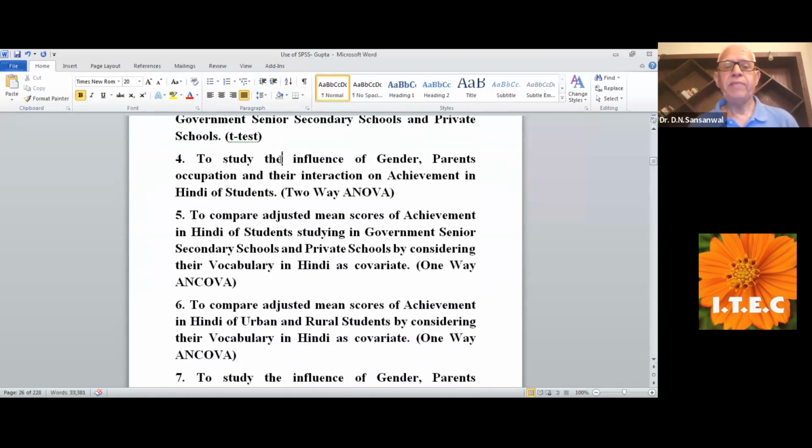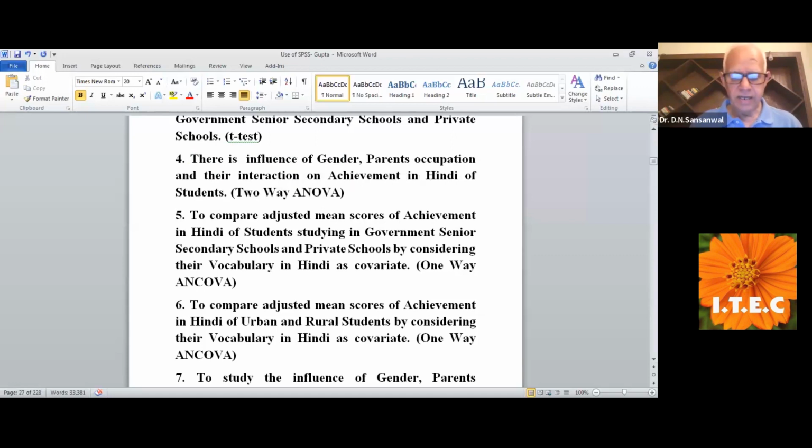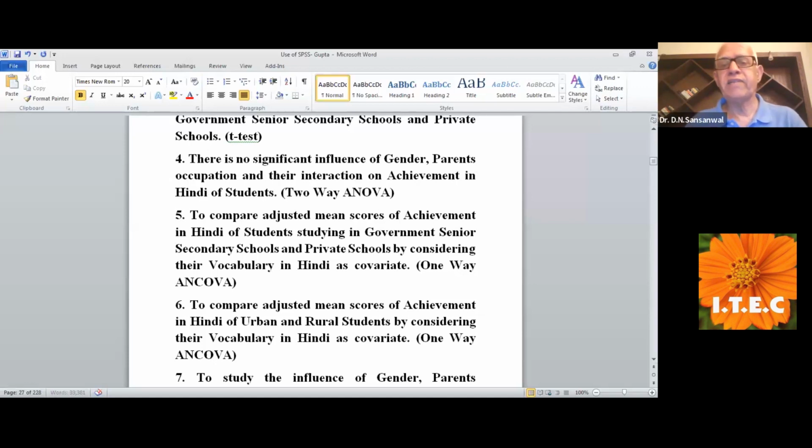Then another will be here, there is no significant influence of gender, parent occupation, and their interaction on achievement in Hindi of students.